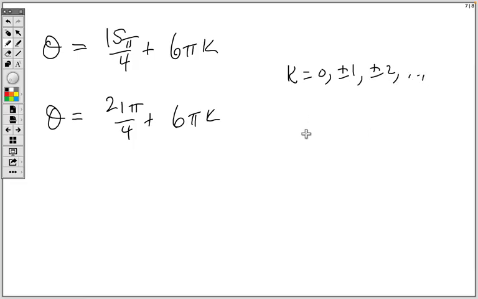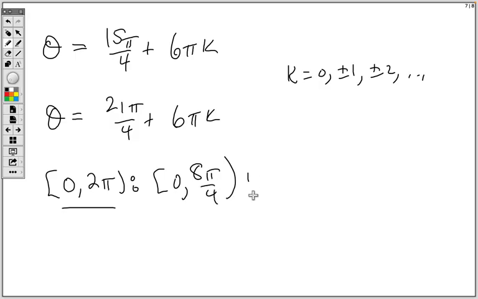So now I try to start listing them out. I want the values that are between 0 and 2 pi. And once again, we seem to be living in pi over 4 world here. So in pi over 4s, that'd be between 0 and 8 pi over 4. And 6 pi, that's 24 pi over 4. All right, so let's check this out.